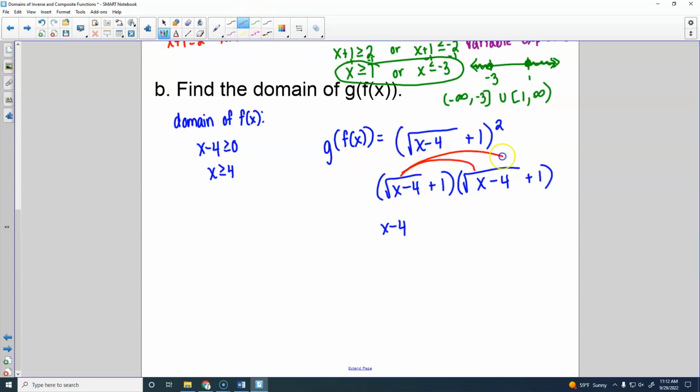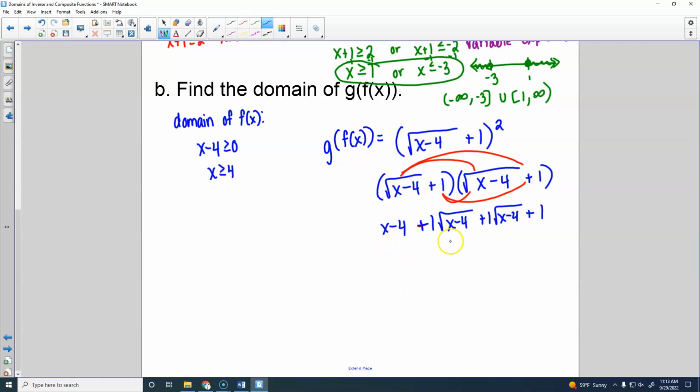Right here, though, we would have plus 1 times the square root of x minus 4. In our inner terms, we would get another plus 1 square root of x minus 4. And then for our last terms, we would get a plus 1.